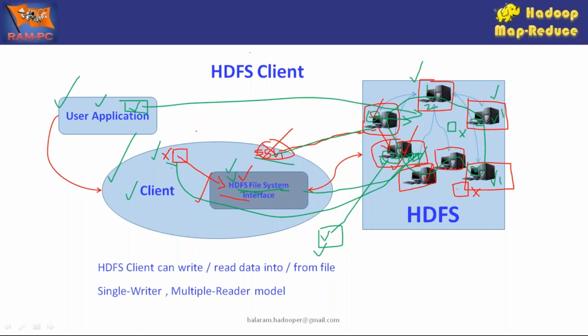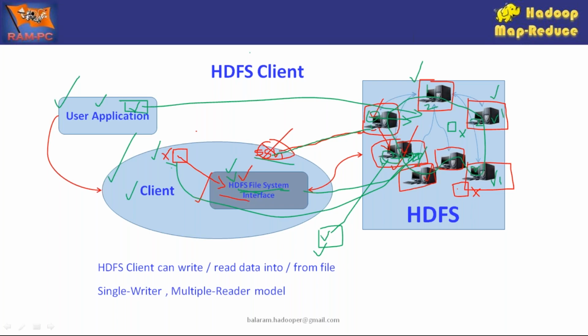That is not in the name node. The name node will have only the metadata, that is, the namespace and IP addresses. The data may be available in any one of these nodes, but where exactly it is stored is not accessible to the end user.